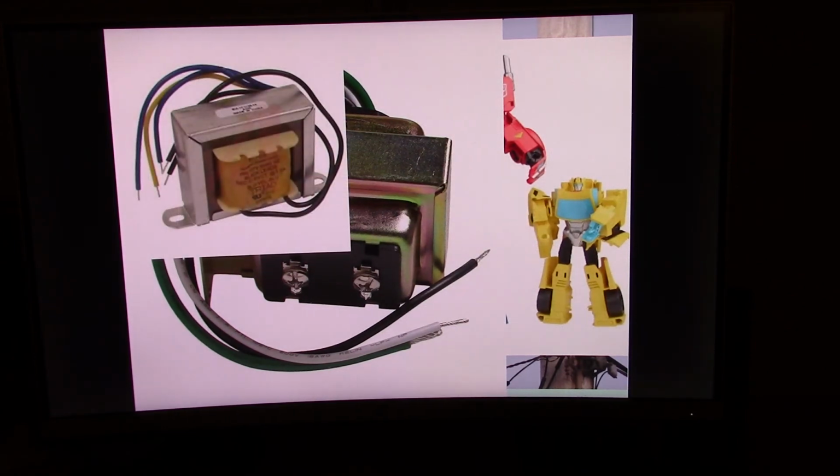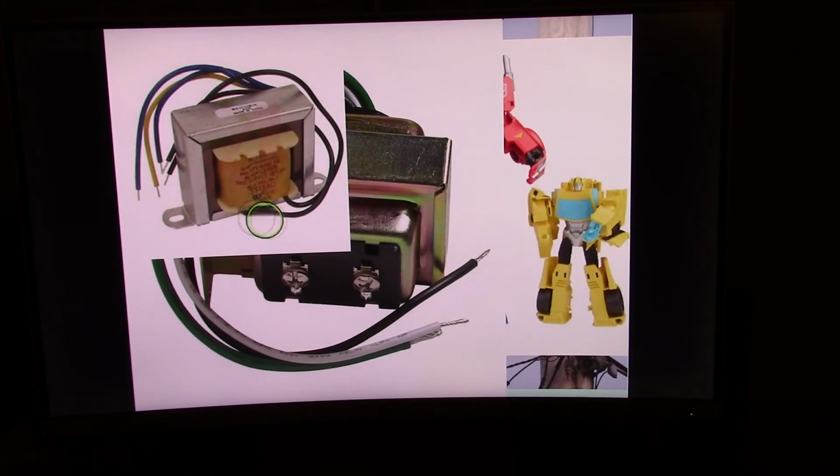There's another transformer. And you notice that these markings will also say which is input and output, and it will also say what these voltages are.